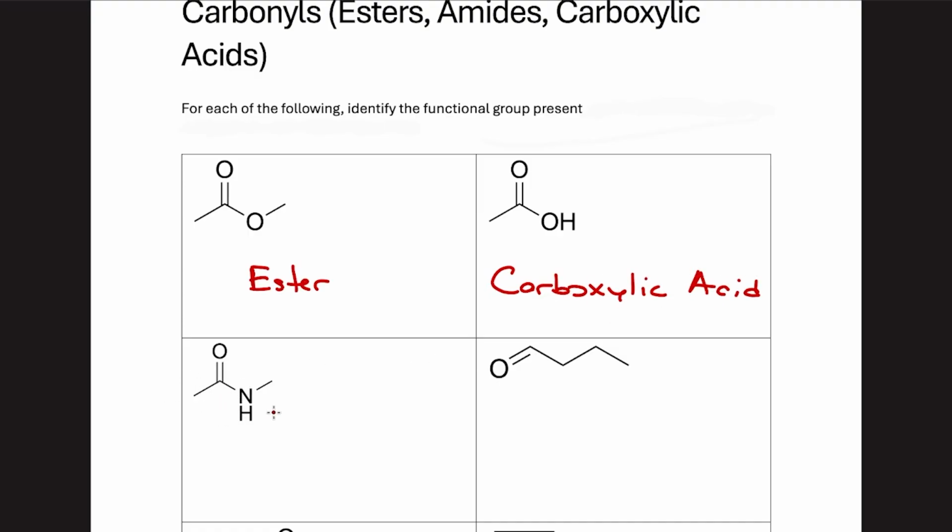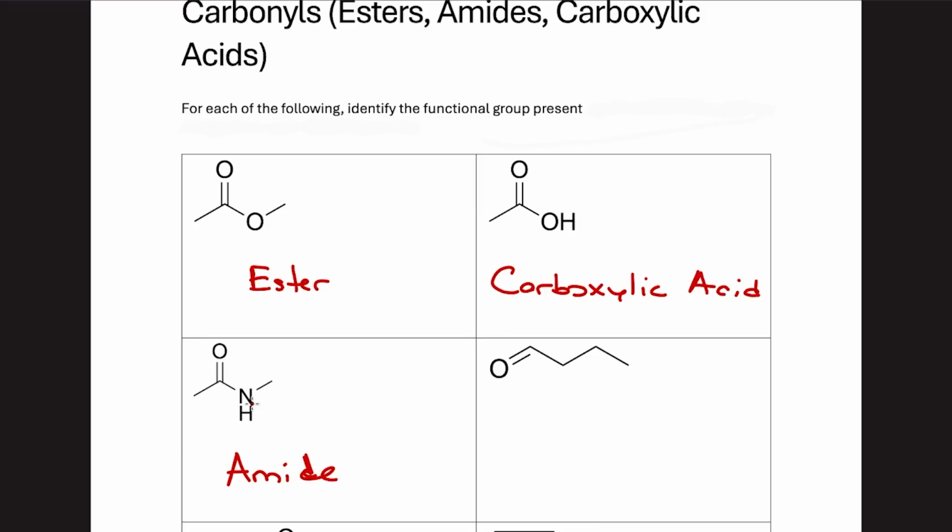The next one is different. In this case, we have that oxygen, but that carbonyl carbon, the one that holds that carbonyl, is also connected to a nitrogen. And so this makes it an amide. Now, in some textbooks or courses, amides are discussed grouped together with amines and nitriles because they all contain nitrogen. I feel like it's easier just to put them in the carbonyls section because it does contain a carbonyl.